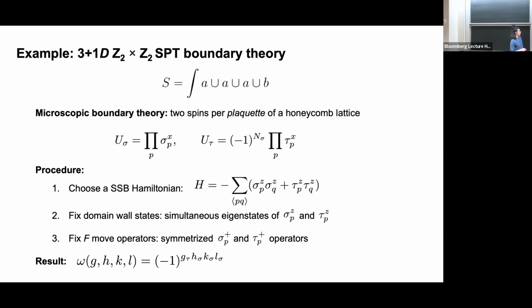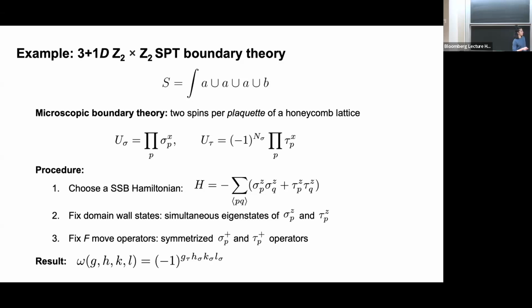Next, we need to fix domain wall states. Again, we can choose the simplest set of domain wall states which satisfy the requirements that we've laid out, and these states are simultaneous eigenstates of sigma z and tau z operators. Clearly, these are domain wall states of this symmetry breaking Hamiltonian.